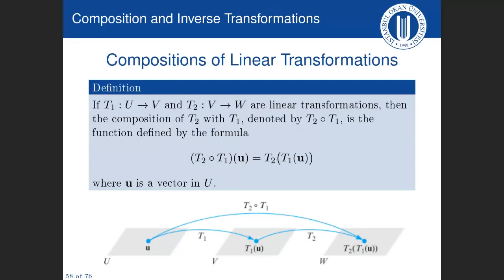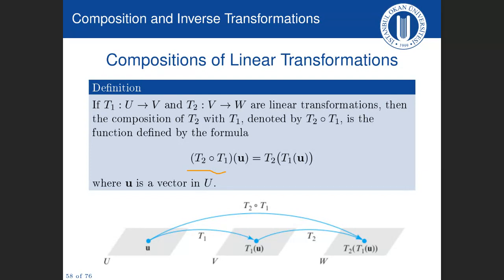Let's talk about compositions of linear transformations. Let's suppose T1 and T2 are both linear transformations, T1 mapping from U to V and T2 mapping from V to W, where U, V, and W are vector spaces. Then the composition of T2 with T1, T2 circle T1, means first we do T1 and then we do T2 of T1 of the vector.